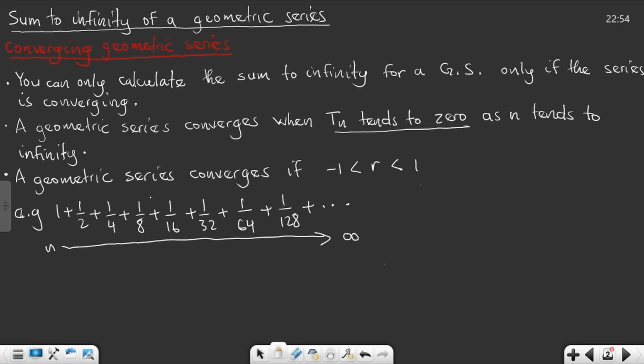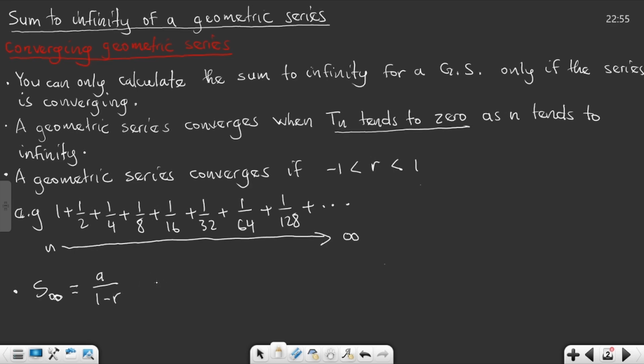And we can calculate the sum to infinity if the geometric series is converging. We have a formula that we can use for the sum to infinity for a geometric series that converges. And this is the formula. So this is sum to infinity. You have that symbol for infinity. So we use this formula: a over 1 minus r.